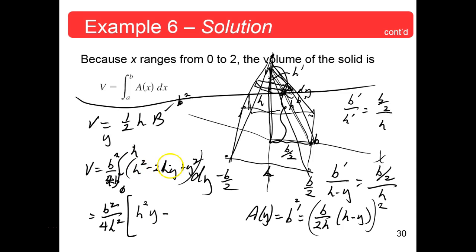Minus the 2h are there. Now you multiply that by y squared over 2, right? 2h is your coefficient, and the integral of y is y squared over 2. And then we have a plus y cubed over 3. Right? You're evaluating this from 0 to h.